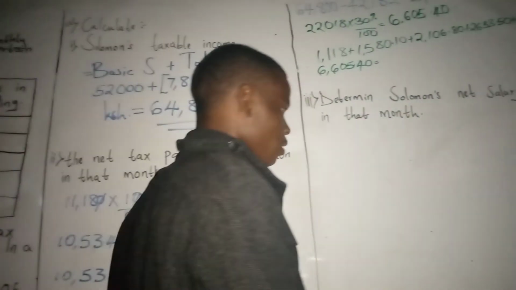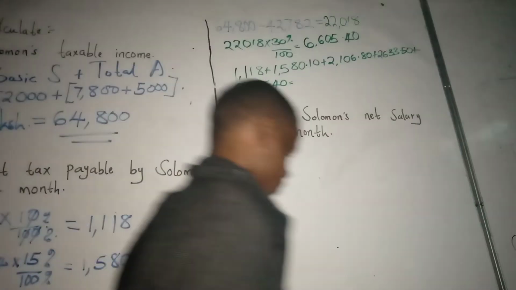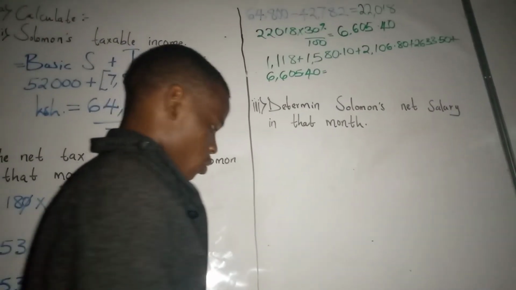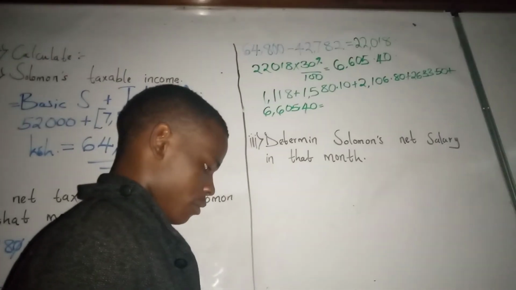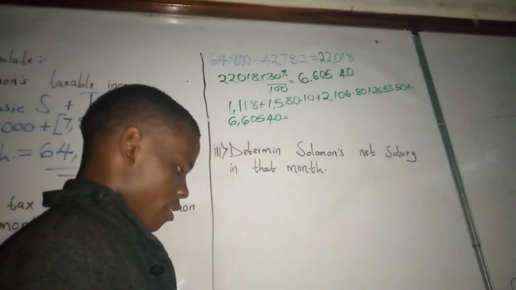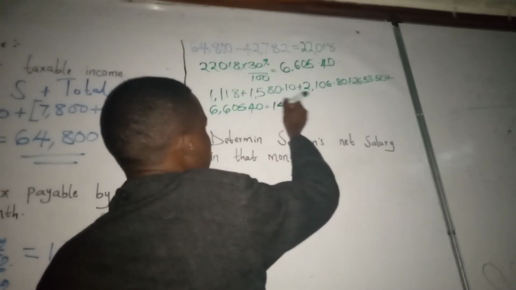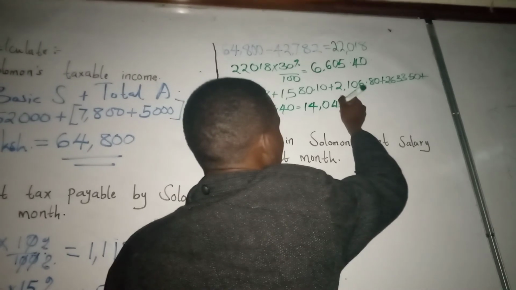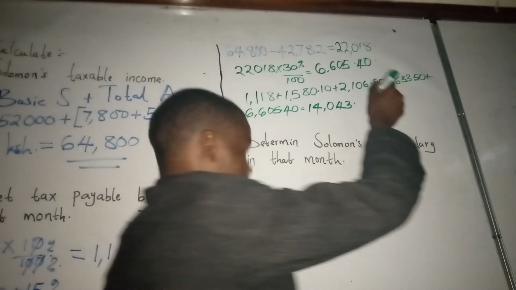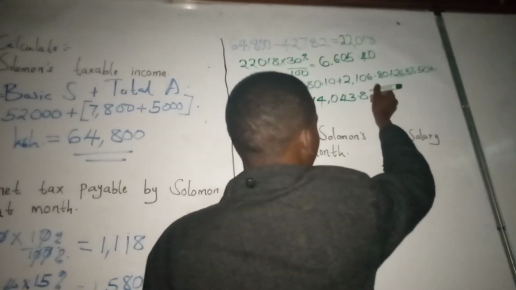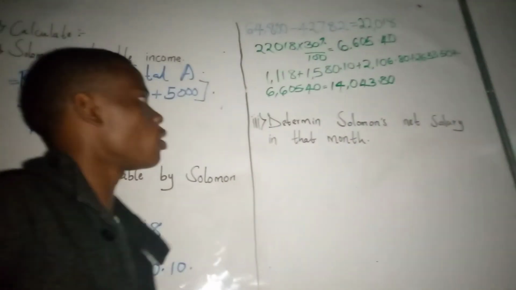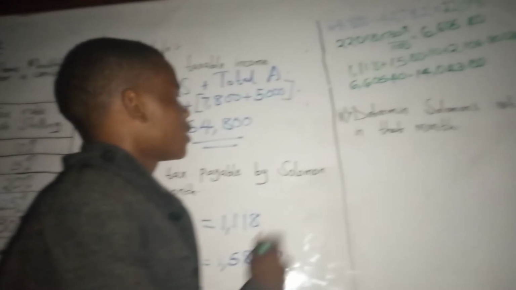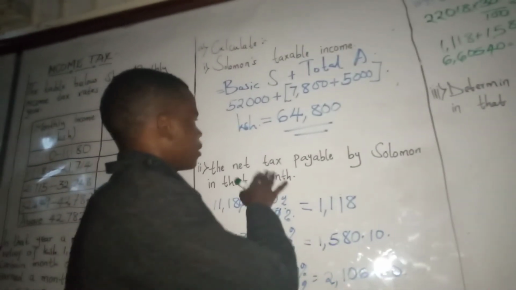So if we add all this, we are going to get 14,043.80. So total of that, we are going to subtract it with the relief to get what we need, which is tax payable.